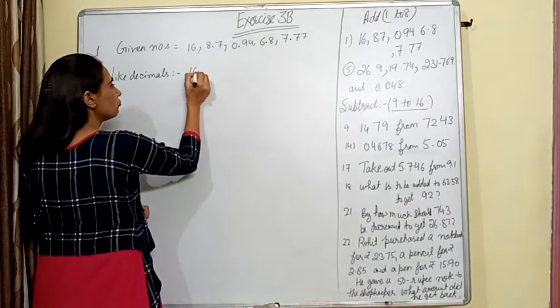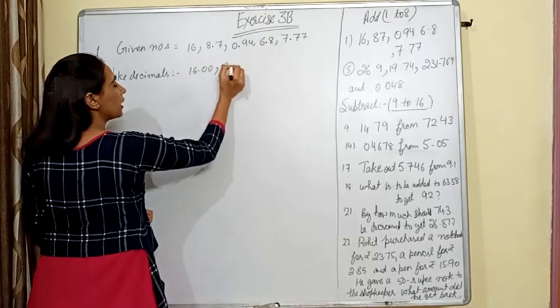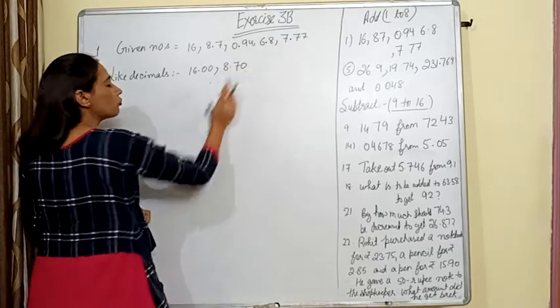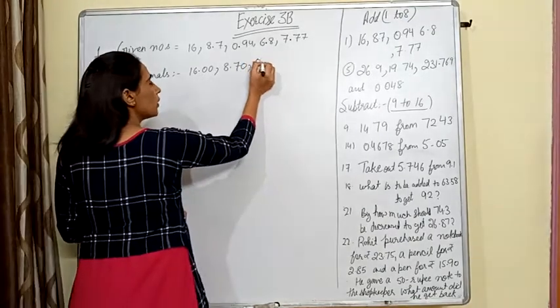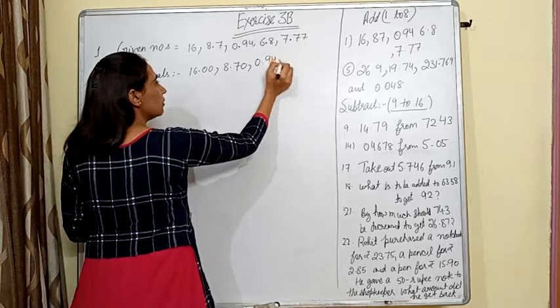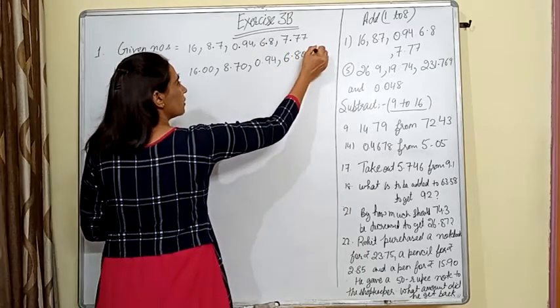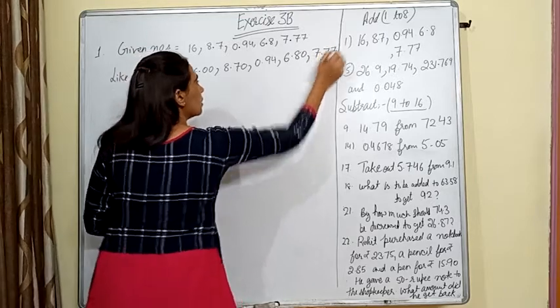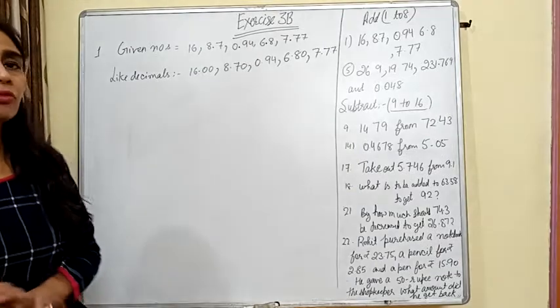So 16 we can write as 16.00. Another, 8.70, we will put 0 at the end. Now 0.94 is already like this, and now 6.80, another is 7.77. Now we will write these numbers in a column and add them.